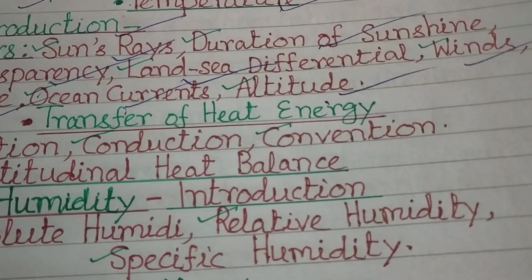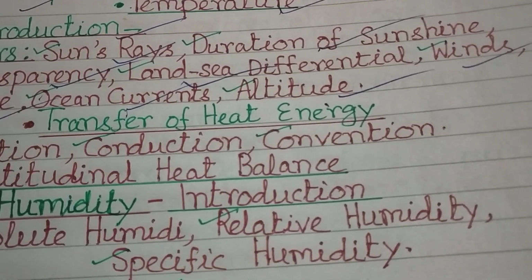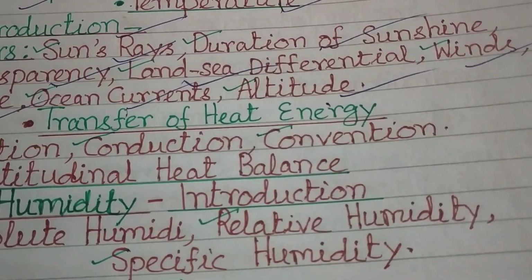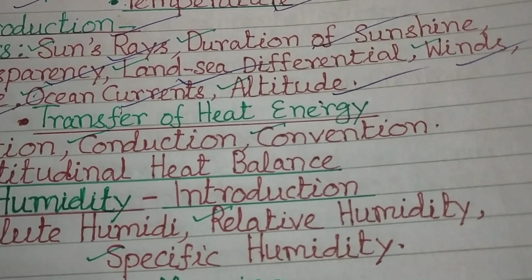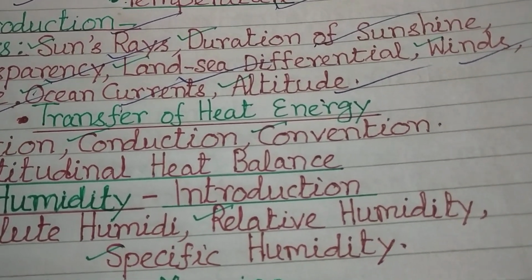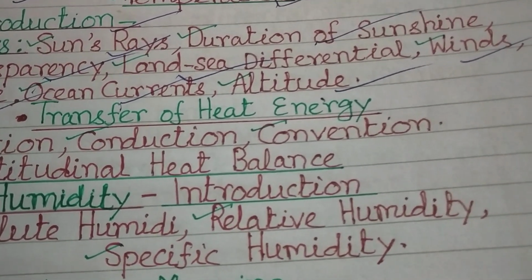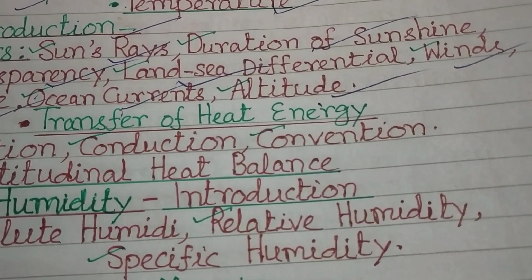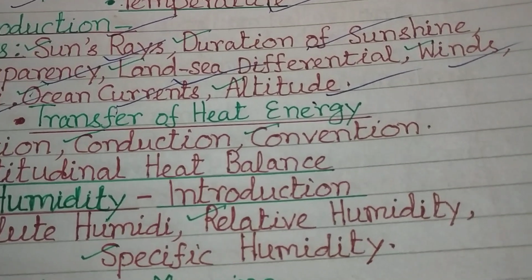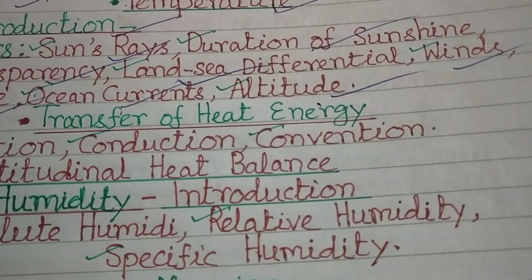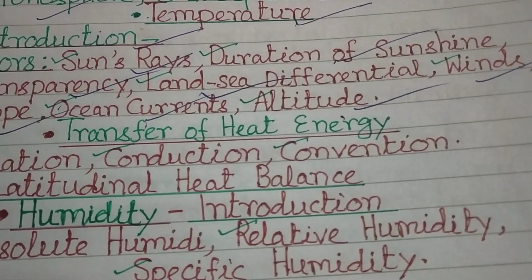But even the small amount of solar radiation reaching the earth is of great significance. All biological and many of the physical phenomena of the earth are controlled by this tiny proportion of solar radiation. The incoming solar radiation is known as insolation.